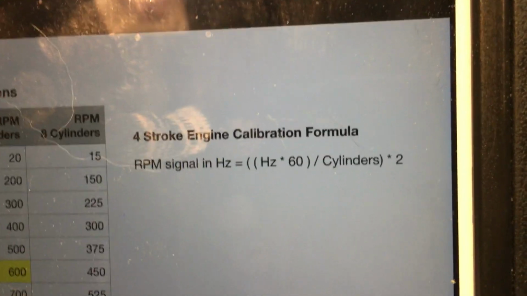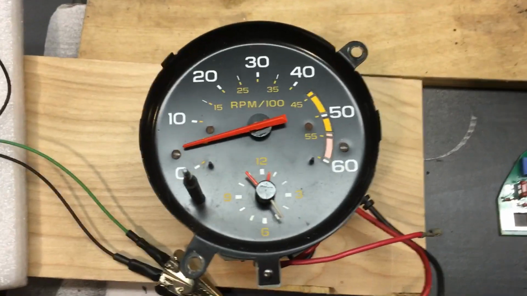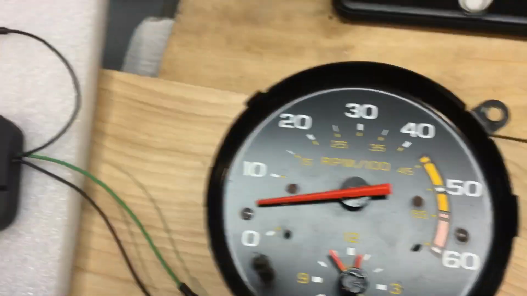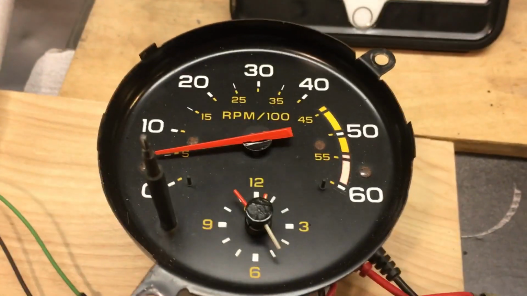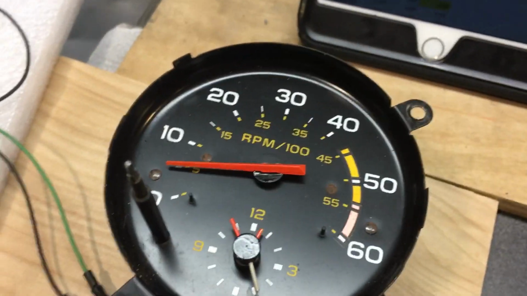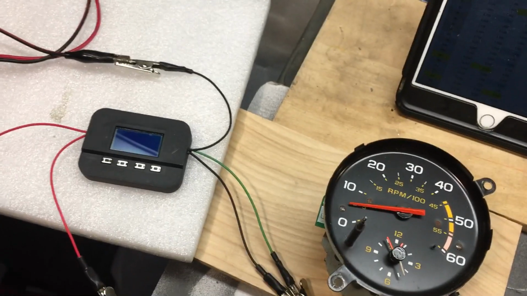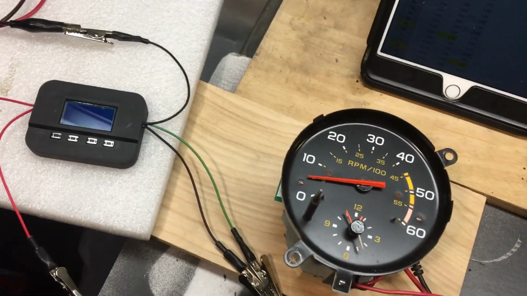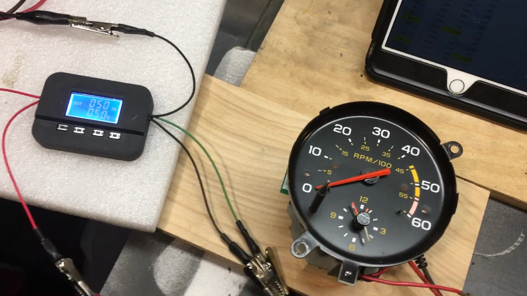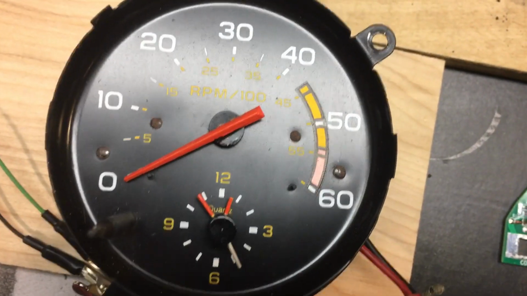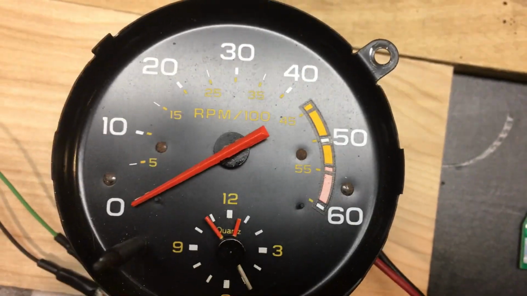All right, let's see what happens. The first check is that a tach that is not powered will have the needle start to float. Let me get a good angle on that. So when I turn the power on over here, we'll see the signal generator light up, and the tachometer moves to 0.